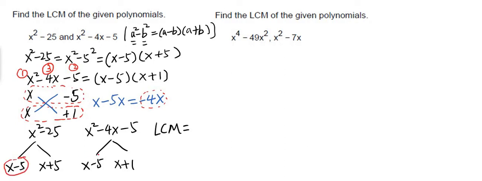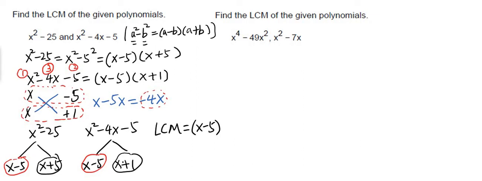Here we have one common factor, that is x minus 5. So we just pick it once. Okay, if we have common factors, we just pick once, x minus 5. And for the left terms, we just copy them. We have two terms, x plus 5 and x plus 1. That's it.